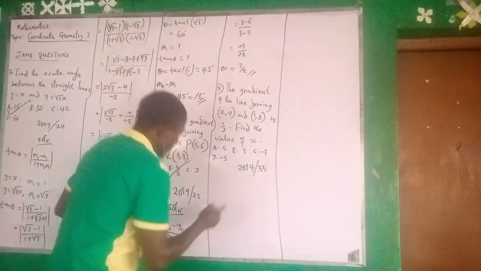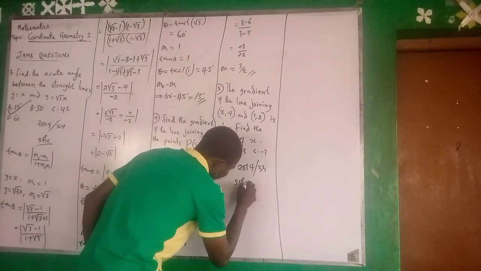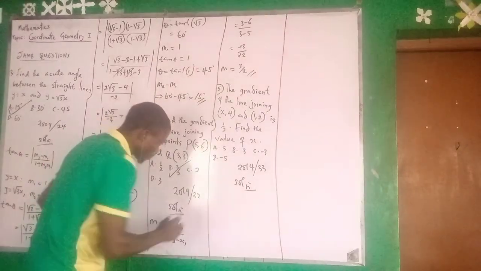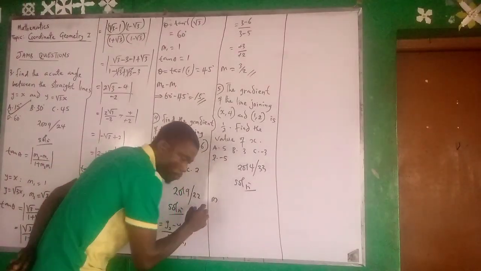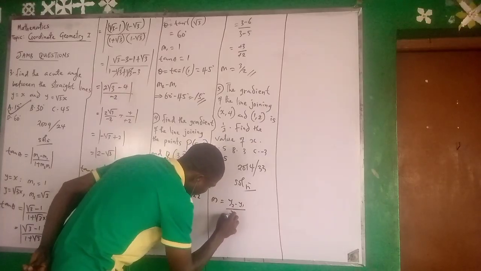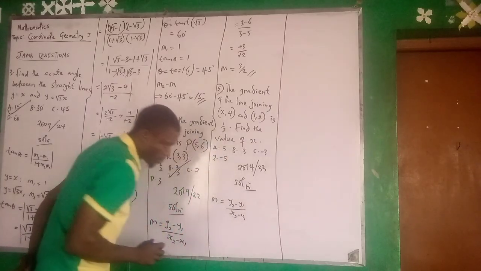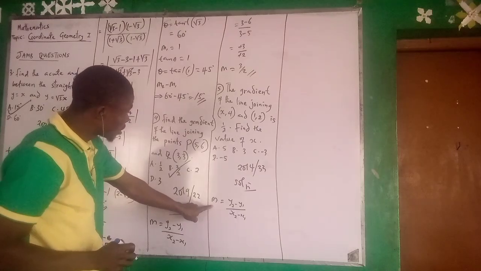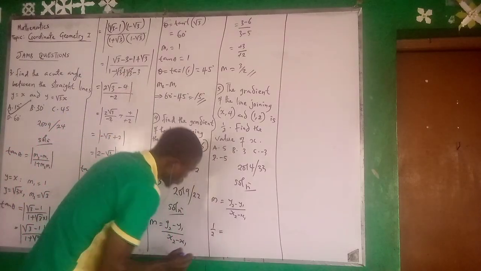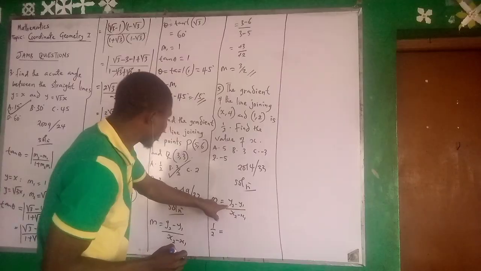Simple thing. Solution. The formula is the same thing, right? Which is m, slope, equal to y2 minus y1 over x2 minus x1, right? My slope is given, which is 1 over 2, equal to: my y2 is what?